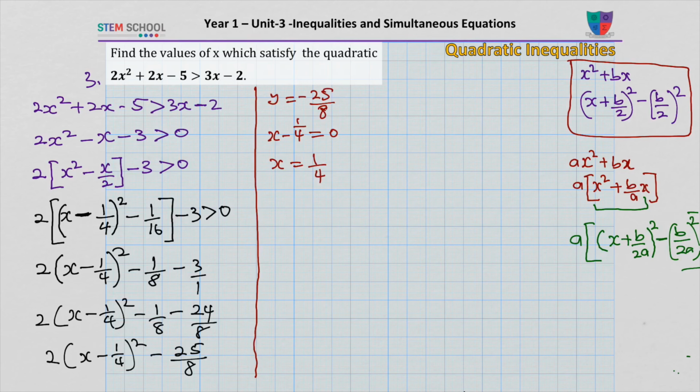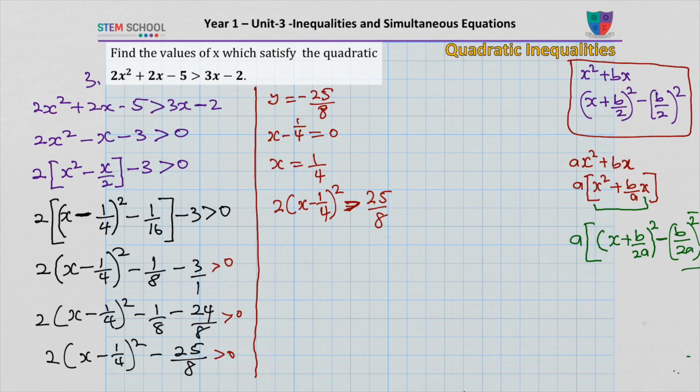Now to solve the inequality, I've got 2 into bracket x minus a quarter squared minus 25 over 8 greater than 0. So what I did was I moved the minus 25 over 8 to the right hand side, or I add 25 over 8 to both sides.